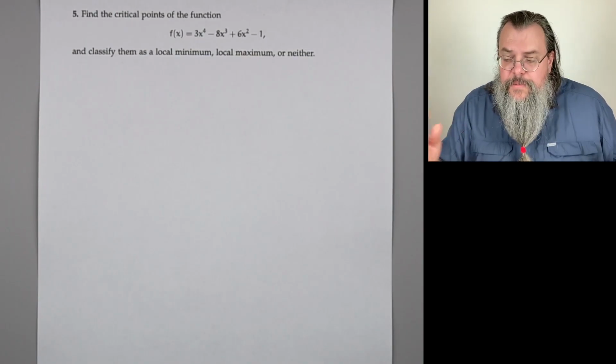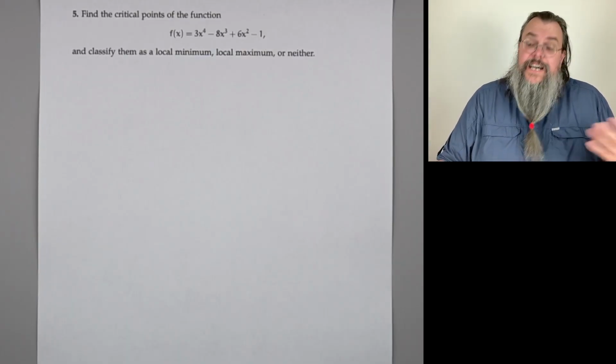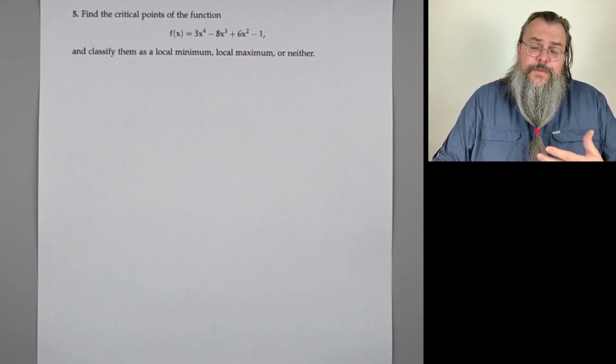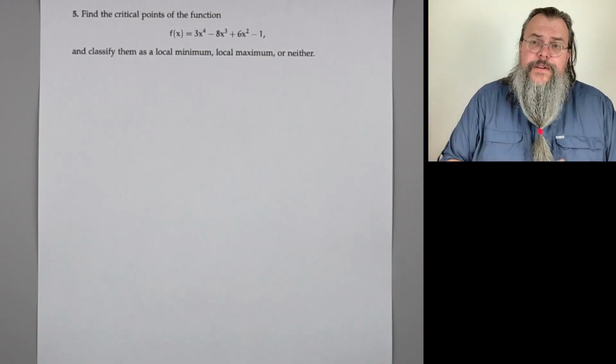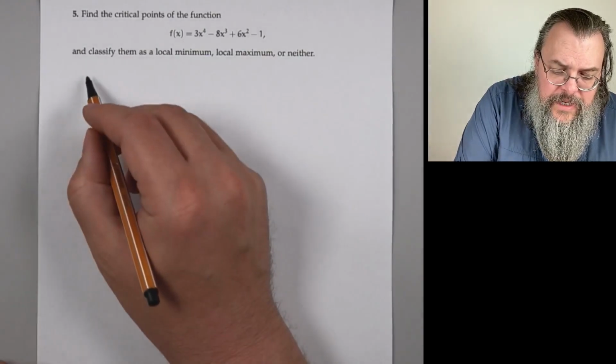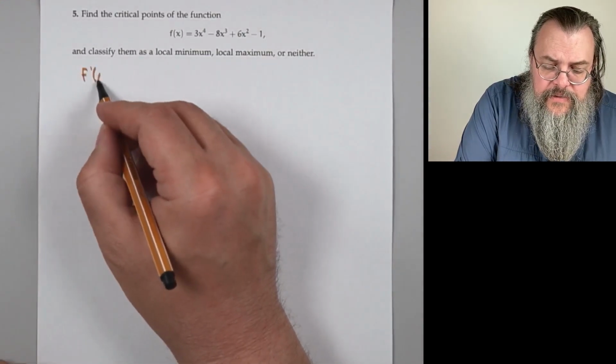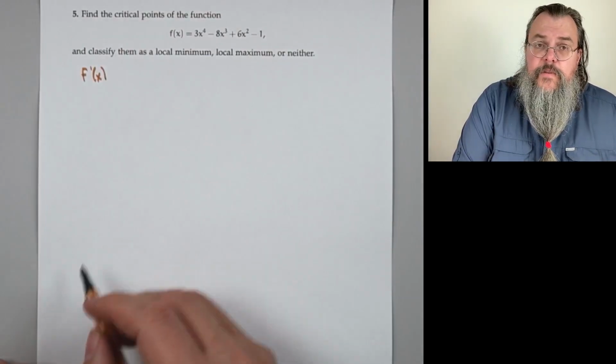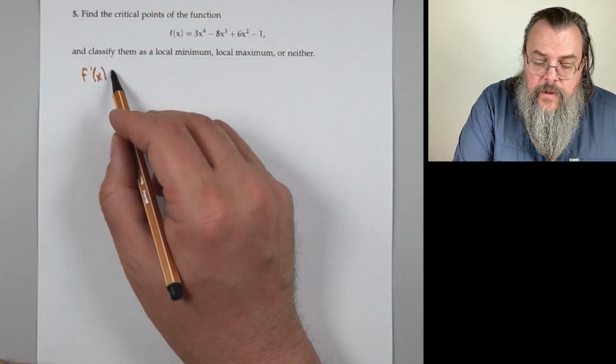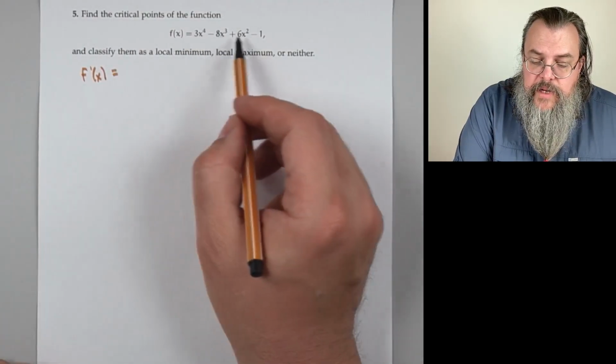And it's a polynomial, aka a nice function, the kind of function we wouldn't mind taking home to meet our relatives. So the key here is start with the derivative, f prime of x. Well, we can do term by term.